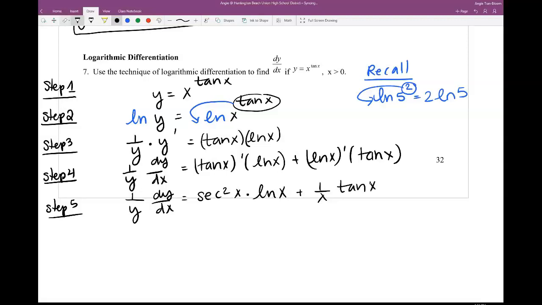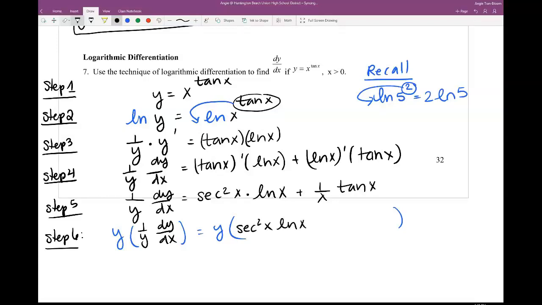Remember, I'm trying to solve for dy dx. So step 6, I will now multiply both sides by y. If I multiply both sides by y, this 1 over y dy dx is canceled, and y is over here, so I'm just going to copy everything over again. From here, I'm just going to distribute, and guess what?